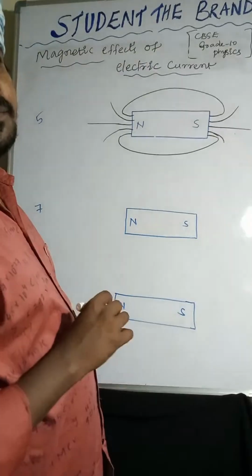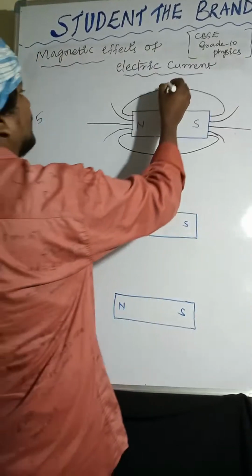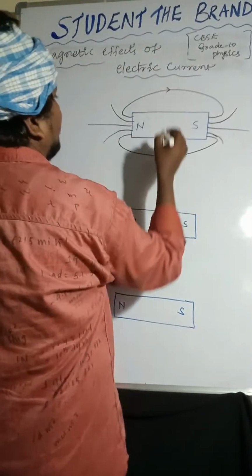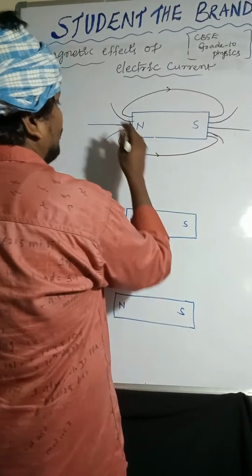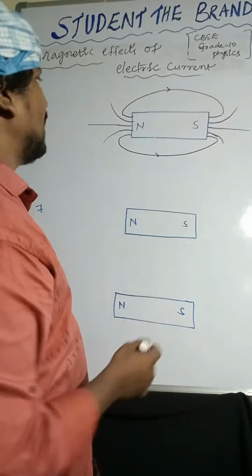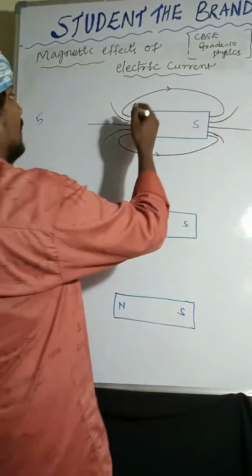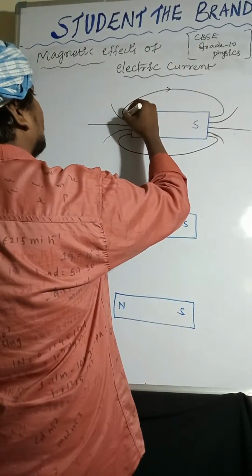Is it clear? You can take the magnetic field will be from north pole to south pole outside of the bar magnet, south to north inside of the bar magnet.